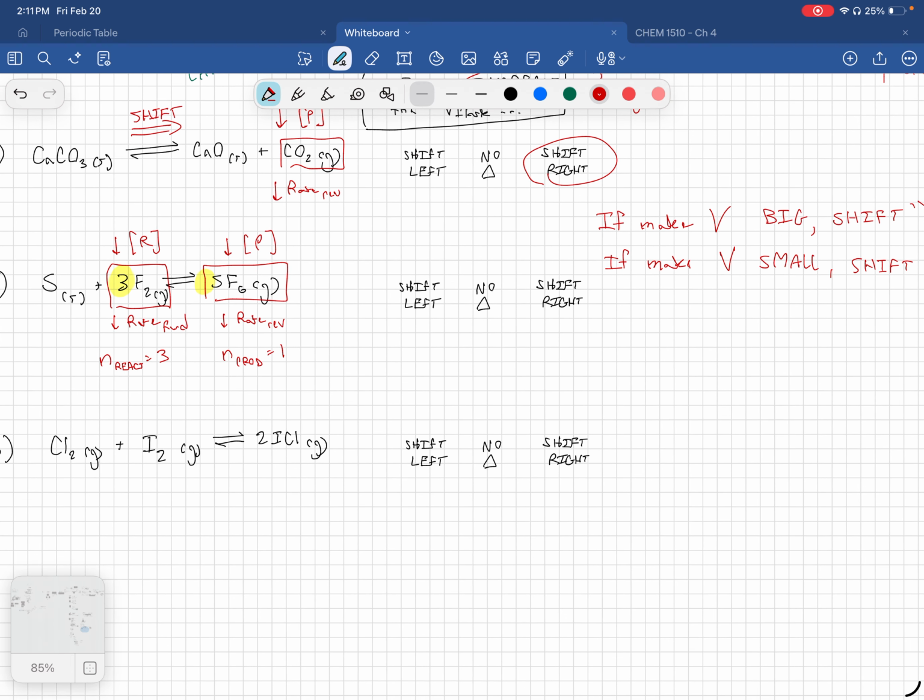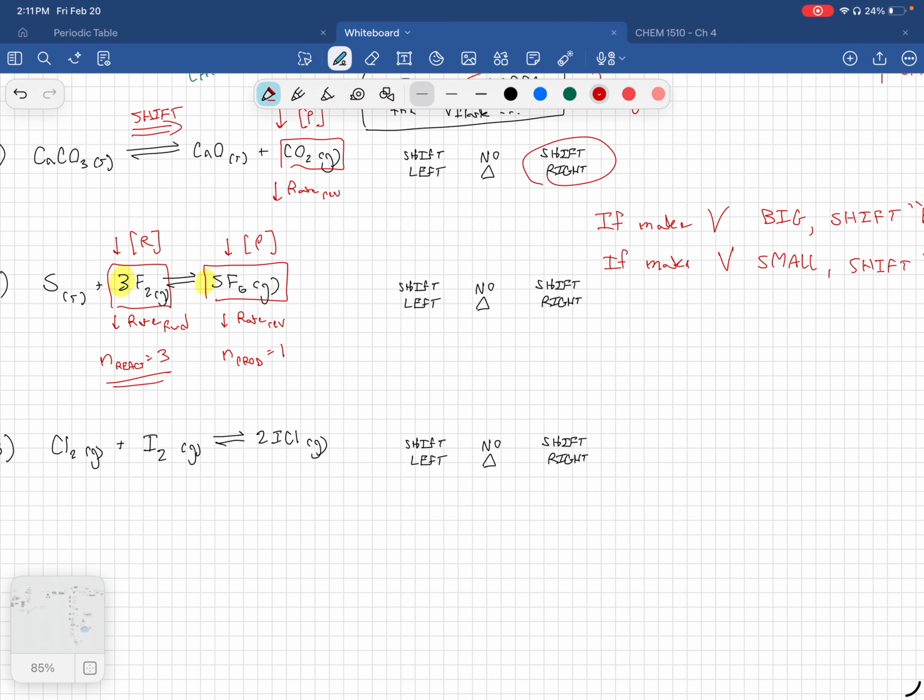And so what's the big side? This side's the big side. So that means for this reaction, we're actually going to get a shift to the left in this case.